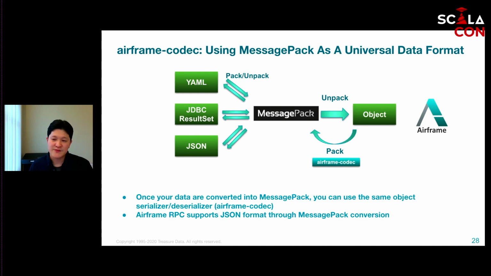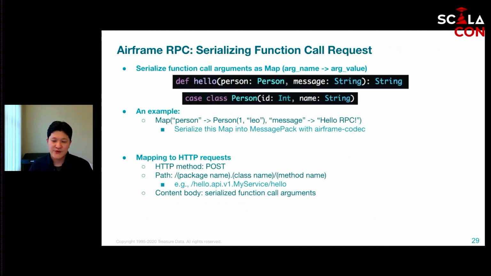Not only MessagePack, Airframe RPC can also use JSON for making RPC calls. We can also use Airframe RPC and airframe-codec for serializing function call requests. The basic idea is serializing function call arguments as a Scala map from function argument name to argument values.